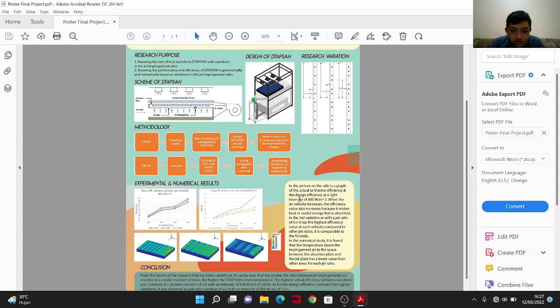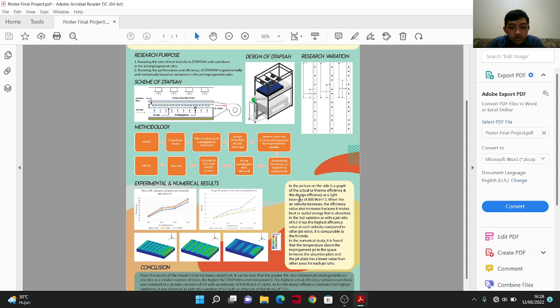When the air velocity increases, the efficiency value also increases because more heat or useful energy is absorbed. And in the third variation, with a jet ratio of 0.5, it has the highest efficiency value at its velocity compared to the other jet ratios.